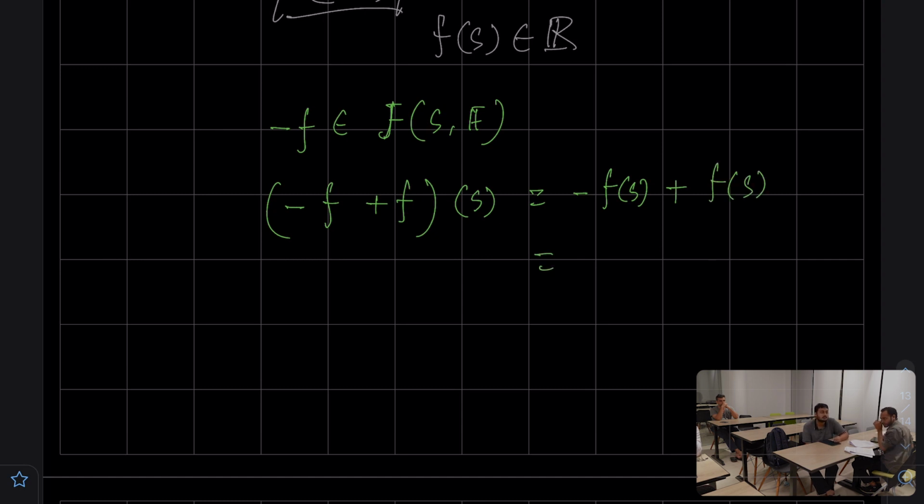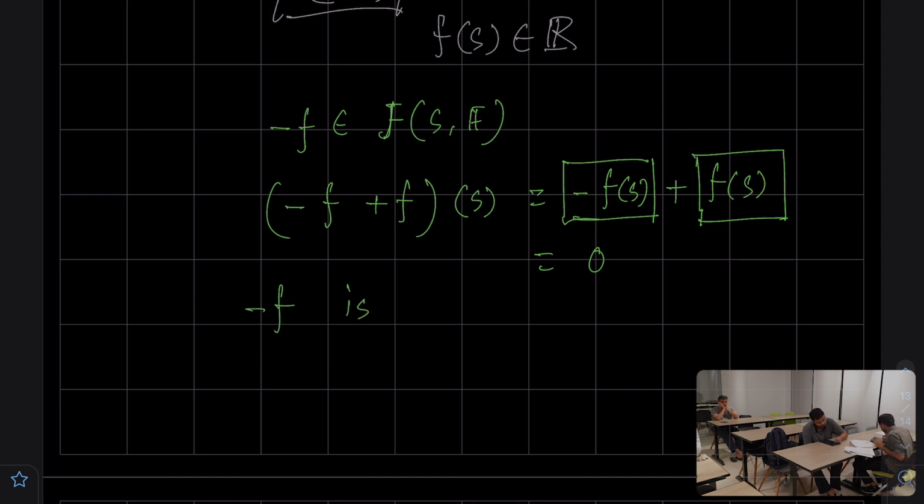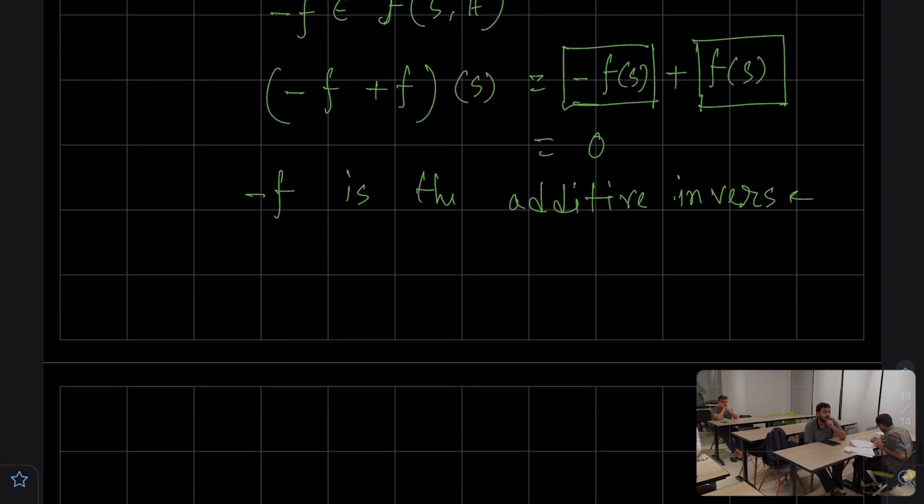That means this is equal to 0. Why is this 0? Because this is the additive inverse of this, right? So in the vector space, this minus f is the additive inverse of f, right?